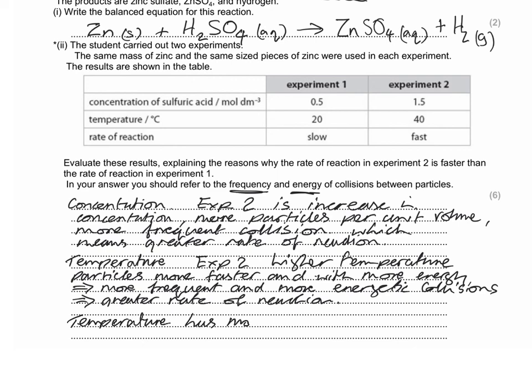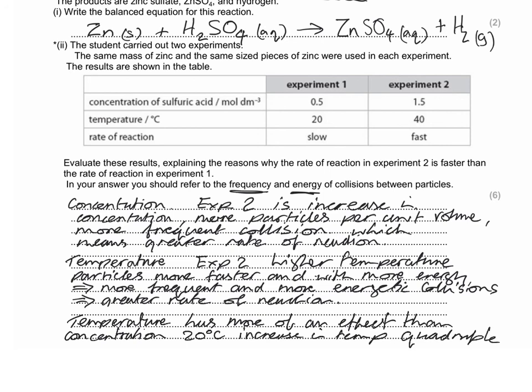Now the last little bit is that I'm just going to say that the temperature has more of an effect than concentration. And there I've got a 20 degree increase in temperature, and that is going to quadruple rate of reaction.